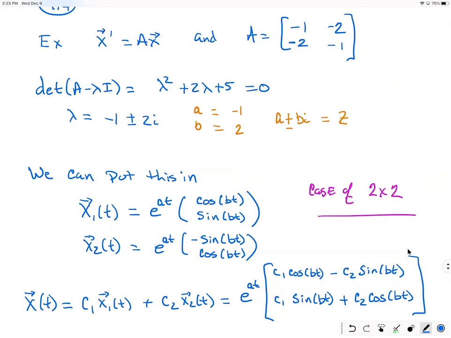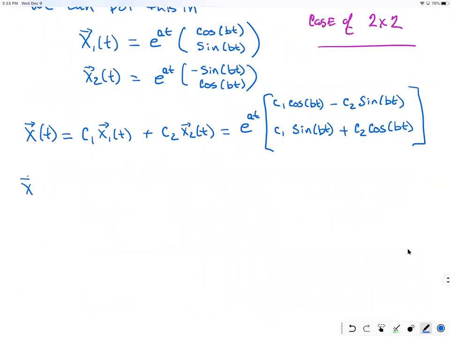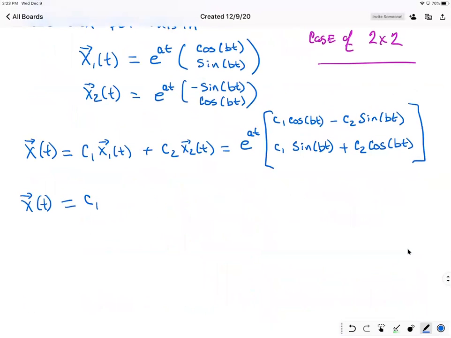So please fix that. But we have our a and our b. So this would be x of t equals c1 times e to the a, which is minus, of course. So minus 1t. So e to the at would be e to the minus t.